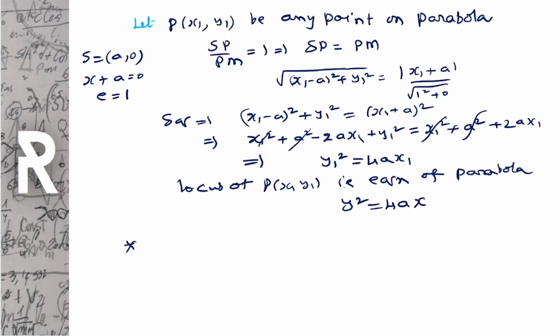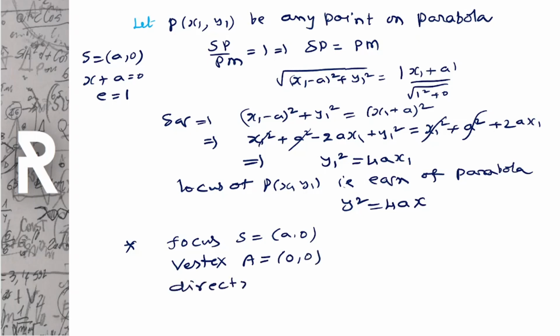Now observe: the focus is S(a, 0), the vertex is (0, 0), the directrix is x = −a, and the axis equation is the x-axis, y = 0.